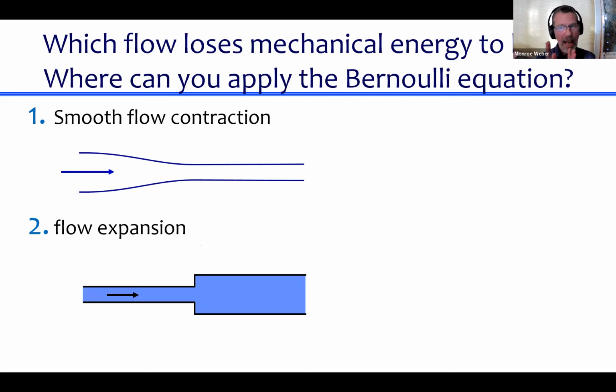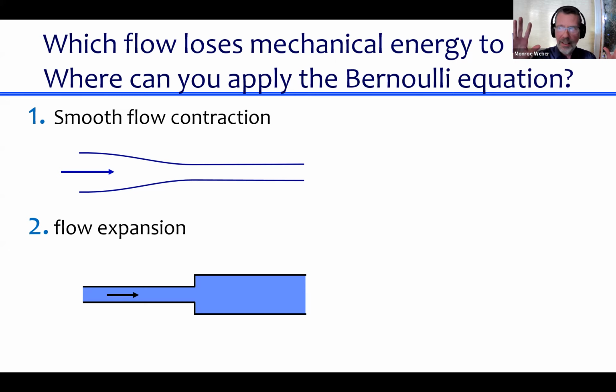Okay, so now we have 2 places where flow is going to go through a change in geometry. In one case, it's a smooth flow contraction, and in the other case, it's an expansion where the pipe gets bigger. And I've asked 2 questions: which flow loses mechanical energy to heat?